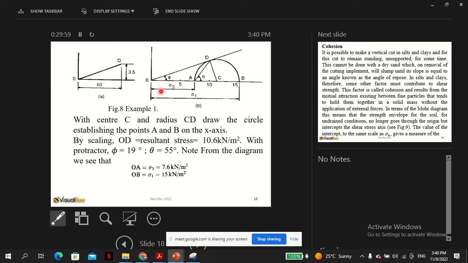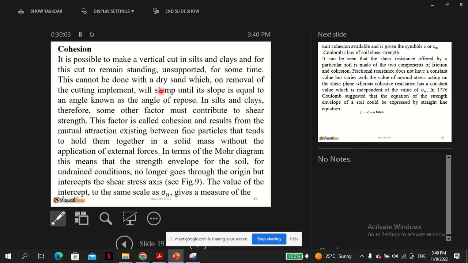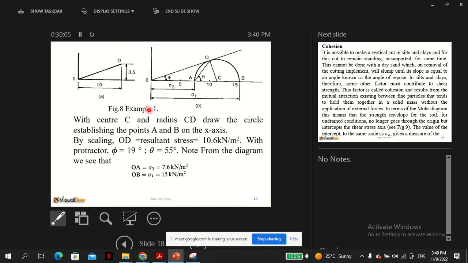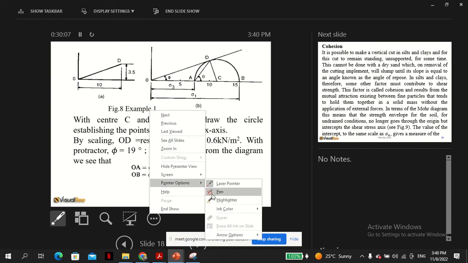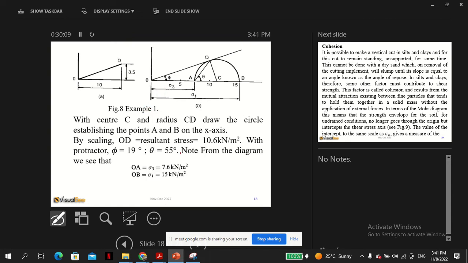So I think this is quite simple. Actually, the point here is to get it in your brain that this is what we are looking for: C plus sigma tan phi.